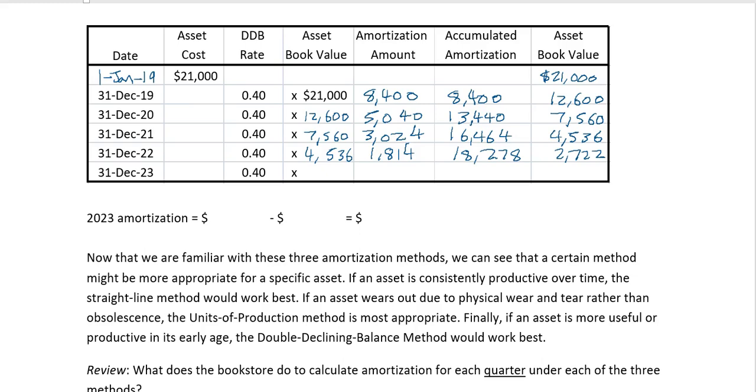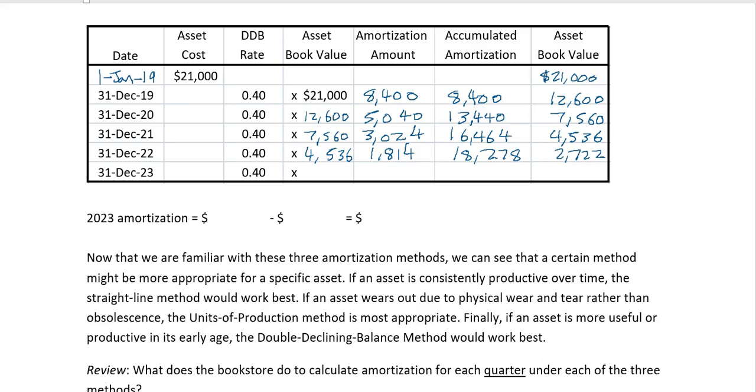So taking 40% of 2722 gives us 1089, which will leave us with a salvage value or end value of 1633. That's not what we want. We want to end with 1,000.